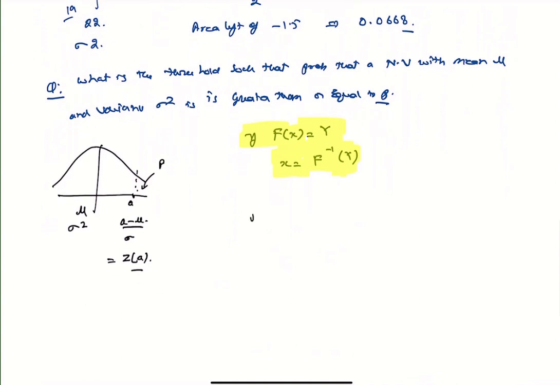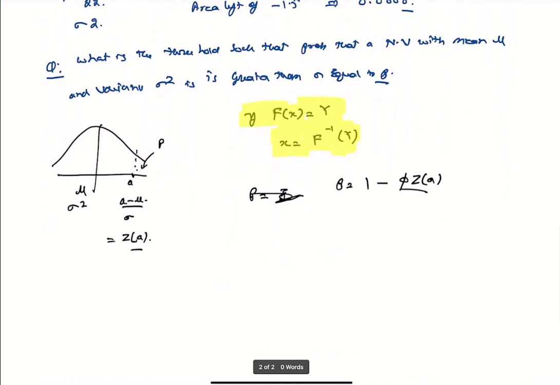So the probability is going to be 1 minus the probability of this area here, which is 1 minus phi z of a, which is the CDF of a. This whole thing represents the area here, which we are not interested in. We are interested in this area here.